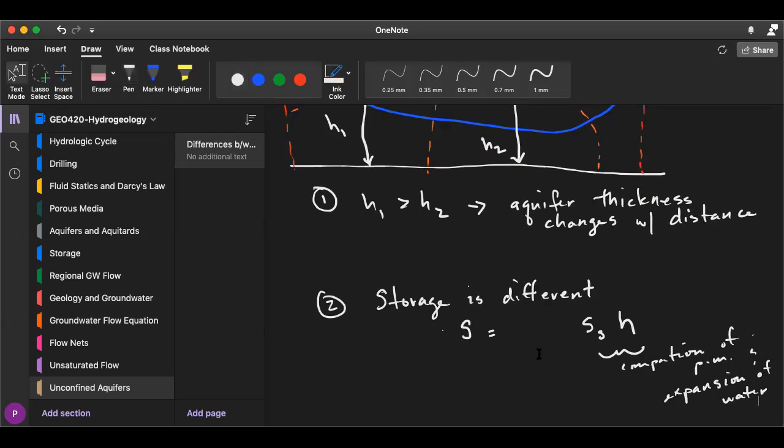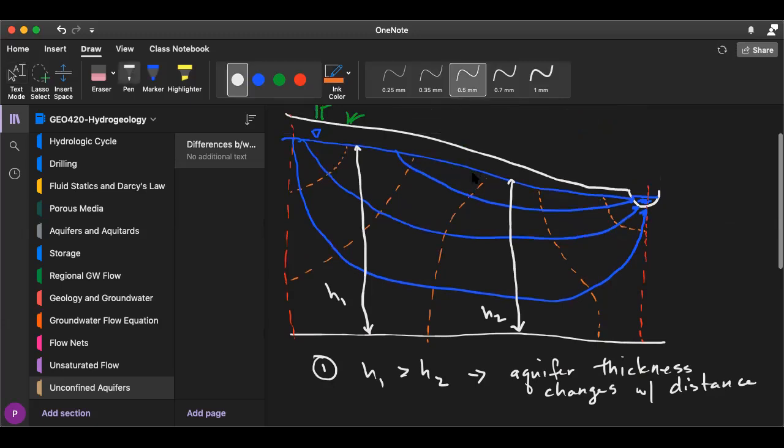How else do I release water from storage in an unconfined aquifer? This is probably the fundamental difference between the two. If I drop the head, I release storage by dropping the head in both. But if I drop the head in an unconfined aquifer, what am I doing? If I lower the water table here, what have I done?